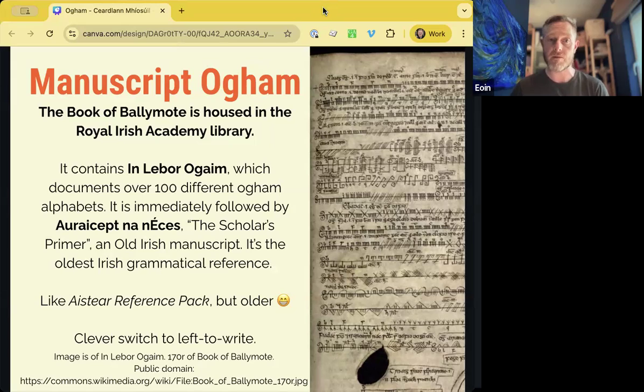Those manuscripts are back in Ireland, some of them for the first time in like 1,000 years. It's really amazing. These are manuscripts on vellum, like young calf leather, and then intricate inkwork. So the Book of Ballymote is up in Dublin, and it's a collection of different manuscripts, different copies of older texts.